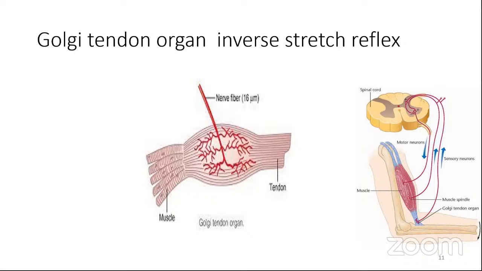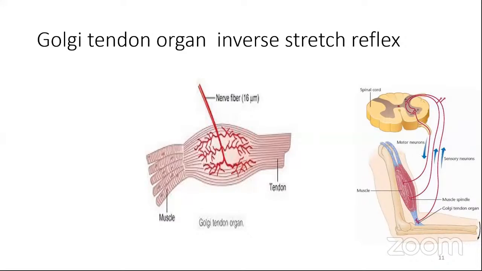So you can see the Golgi tendon organs located in the muscle. On the right side, you can see the pathway through which the inverse stretch reflex or Golgi tendon reflex is occurring.